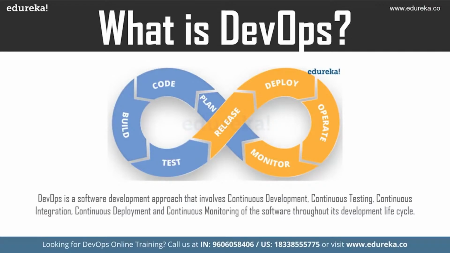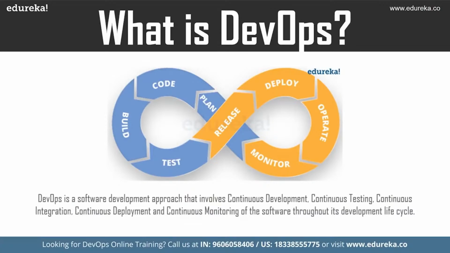Also, the lead time between the fixes of issues is significantly reduced in DevOps. DevOps overcomes all the limitations of the traditional waterfall model. The DevOps process involves a lot of development, testing, and deployment technologies for developing automated CI/CD pipelines.